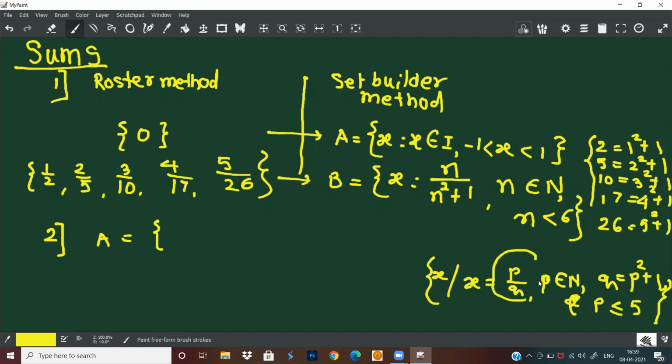What did you want? The values of P are 1, 2, 3, 4, 5, in this and in this it has come. And for the values of Q, substitute 1, then 2, 3, 4, 5. So whatever comes, when you substitute those values here, you will get the values of X, which are the elements of the set.